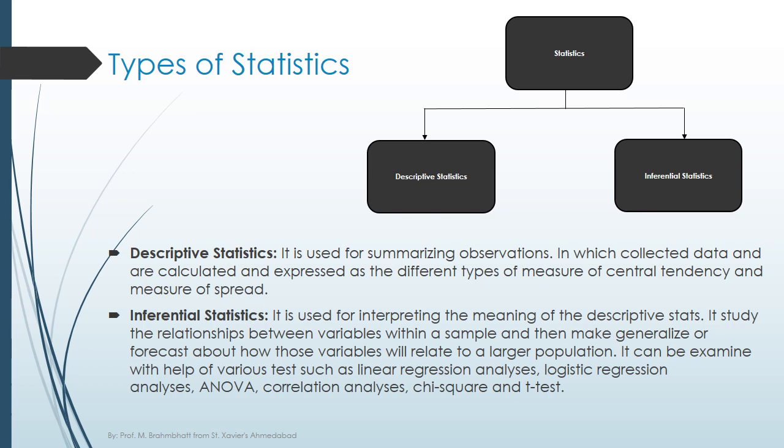Types of statistics. There are mainly two types of statistics: descriptive statistics and inferential statistics. Descriptive statistics is used to summarize the observations, in which collected data are calculated as well as expressed as different types of measures of central tendency and measures of spread.